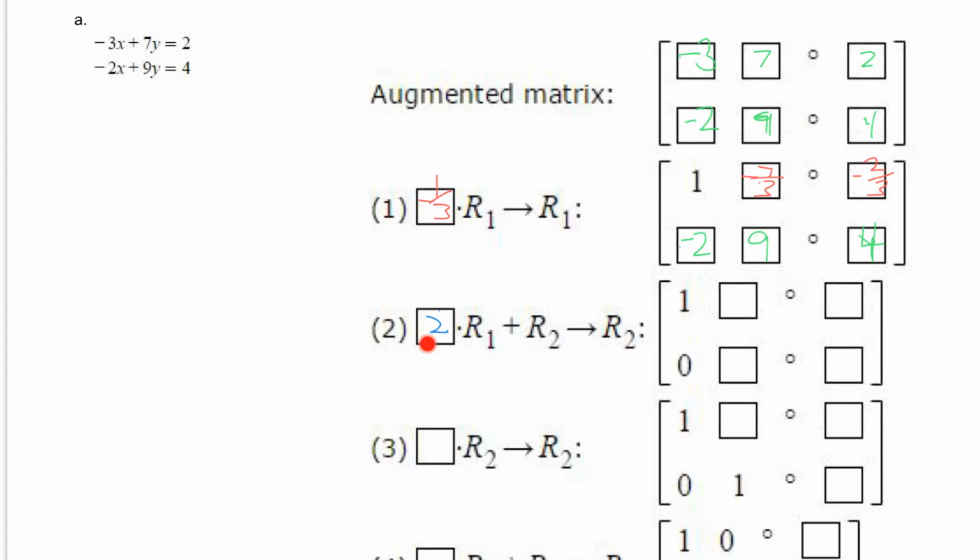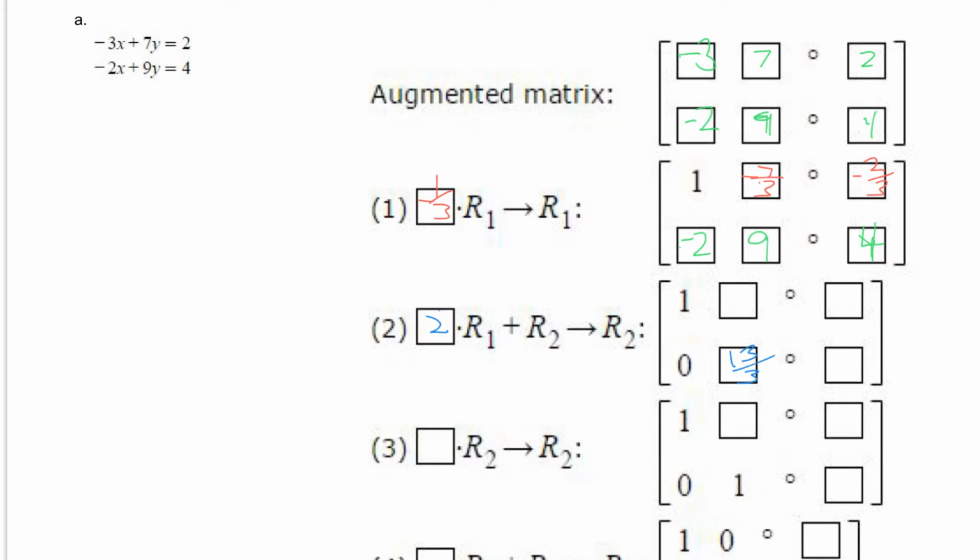Then I need to take 2 times negative 7/3 and add that to 9. Do that for a second. You can pause it. If you did that correctly, 2 times negative 7/3 plus 9 will give us 13/3. So right here should be 13/3.